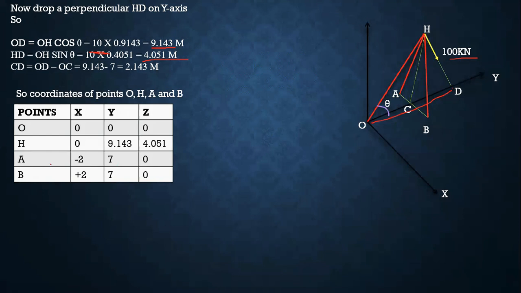Same for A and B. A is minus 2 from the Y plane, so it will be in minus, and B is positive, so it has a positive value of coordinates.